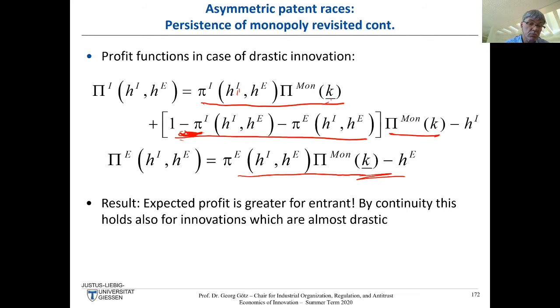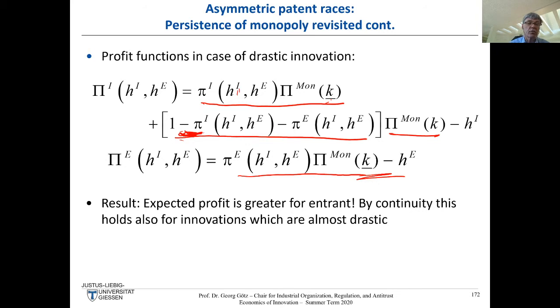Perhaps it's a coincidence, but which country is leading in the development of electric cars? It's not Volkswagen, it's not BMW, it's not Daimler. They all had their nice profits from selling fossil fuel cars, okay, combustion engine cars. But it was Tesla who developed this new technology, because they had more to win.